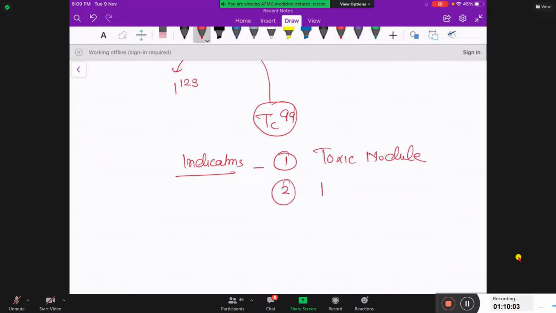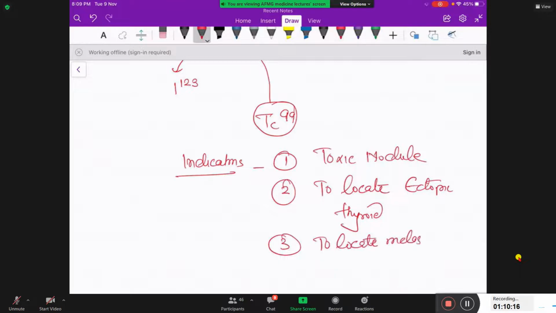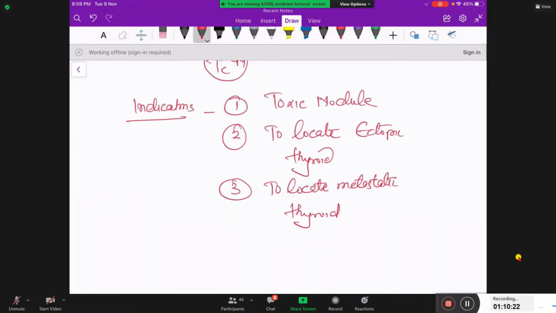Second, to locate ectopic thyroid, and to locate metastatic thyroid. These are the three specific indications of thyroid scan, right?